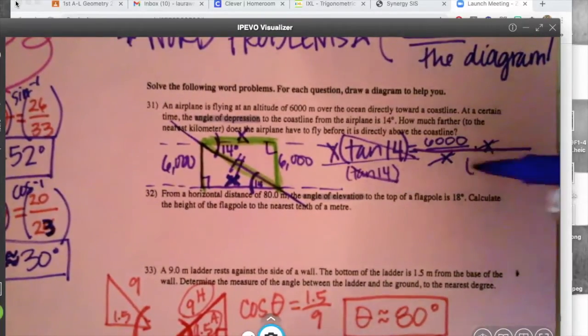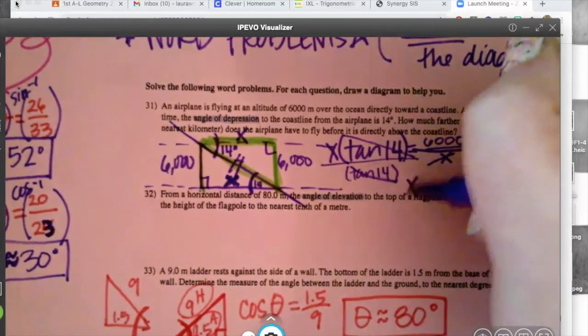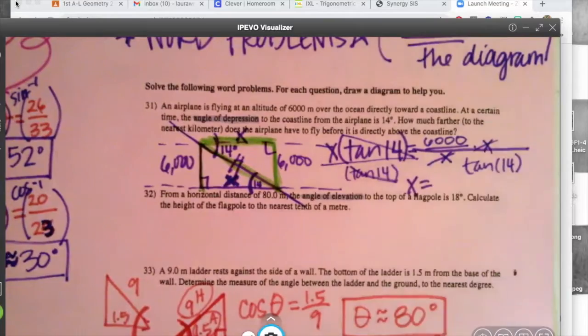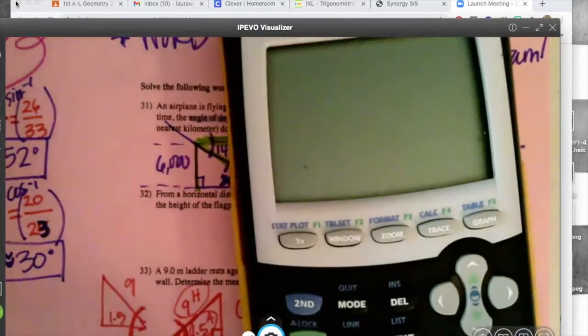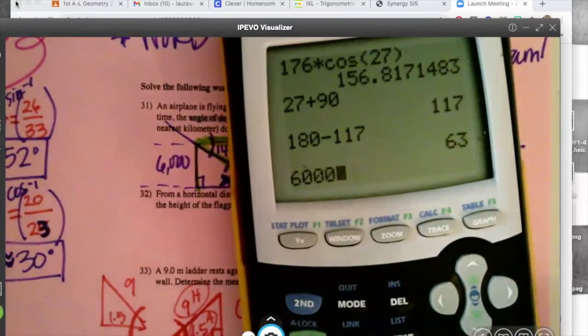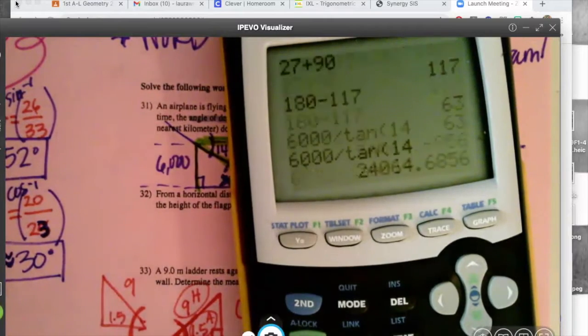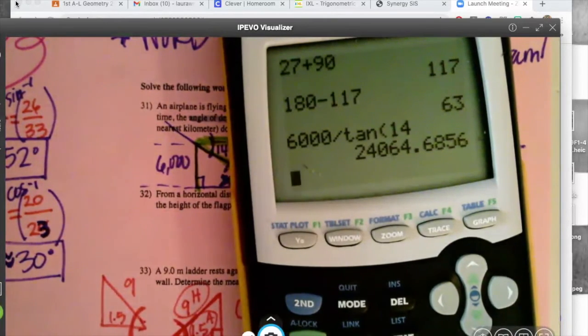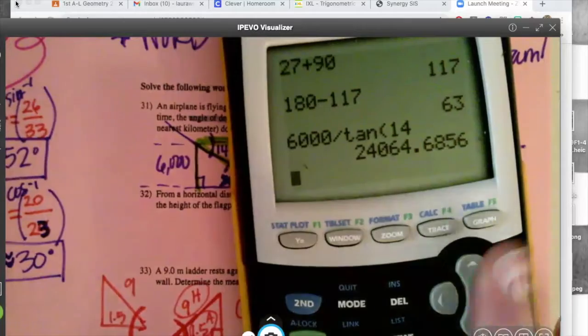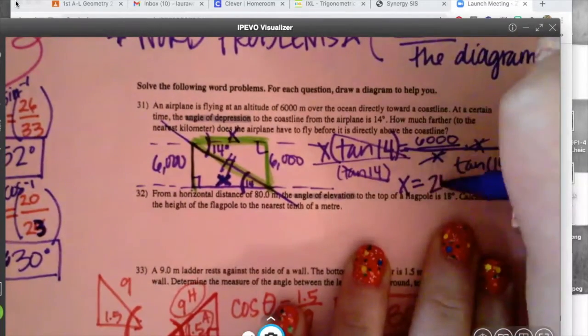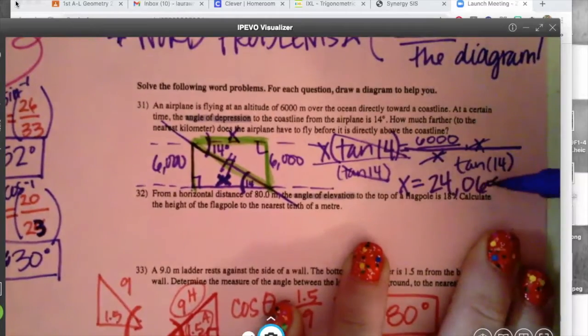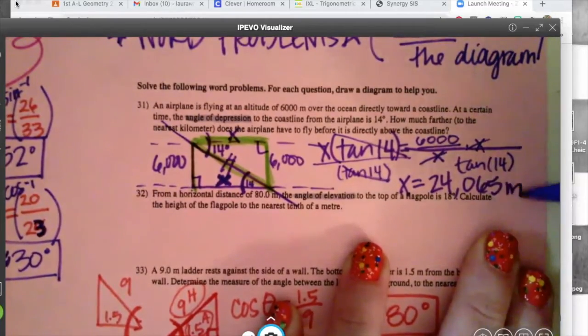So x equals 6,000 divided by tangent of 14. And that's what we're going to type in. So 6,000 divided by tangent of 14 is about 24,065. Is it feet? No, it's meters. There we go.